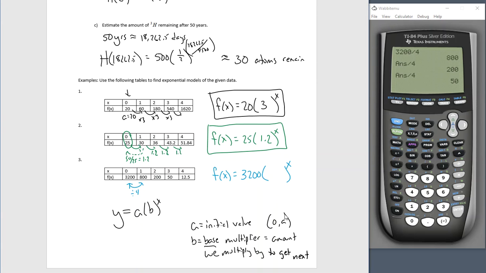But remember, this is a base multiplier. So how do I write multiplication when I'm trying to divide by 4? That's a fraction, right? Dividing by 4 is the same as multiplying by 1/4. If you think of the b as being your multiplier, you will always change a division into multiplication form.